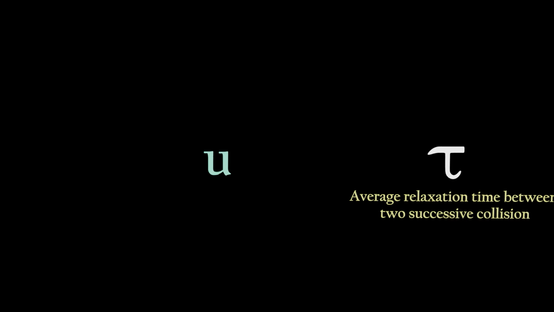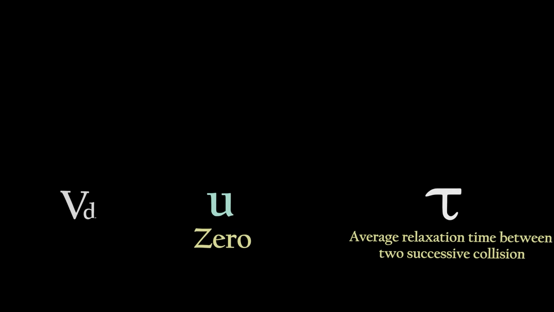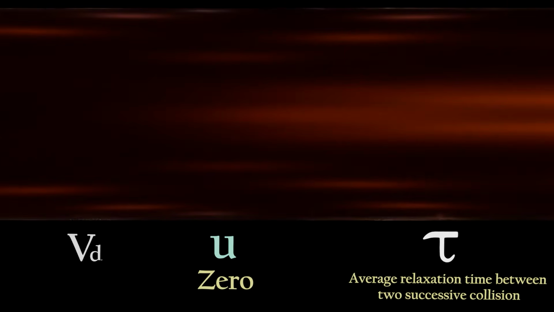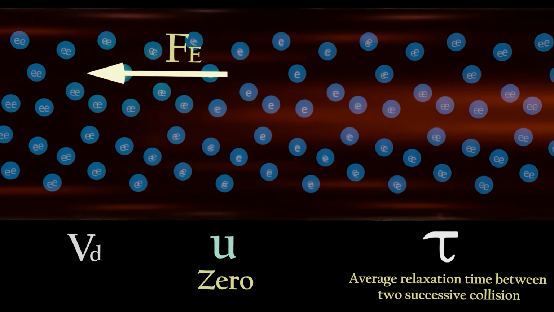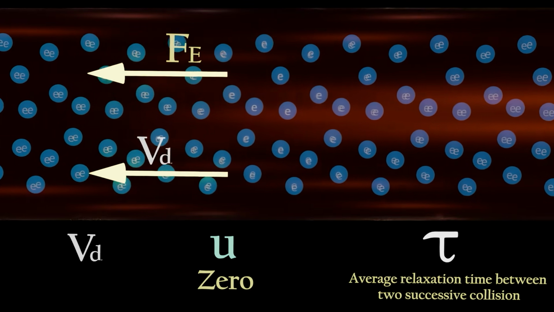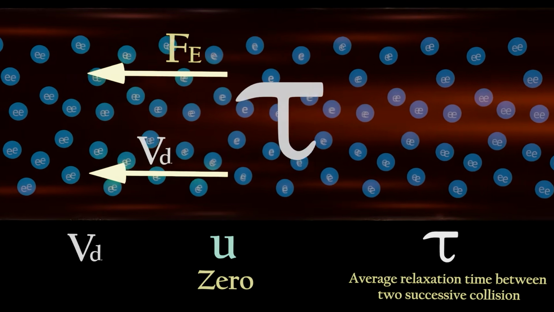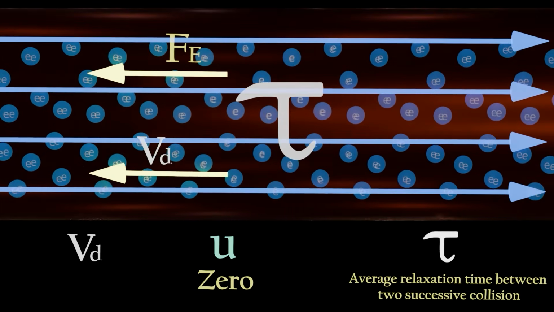The initial average velocity, which comes from the random thermal motion, is taken as 0. So what remains is the velocity given by the electric field, and that's what we call drift velocity, Vd. Its average direction is opposite to the direction of the electric field. Now, you can imagine under the influence of the electric force Fe, the electrons slowly drifting with a small velocity Vd, during the time tau, when they are not colliding and the electric field is guiding their motion.